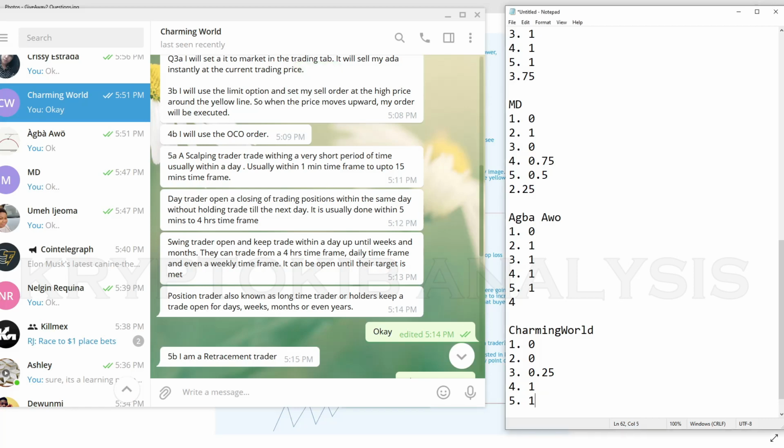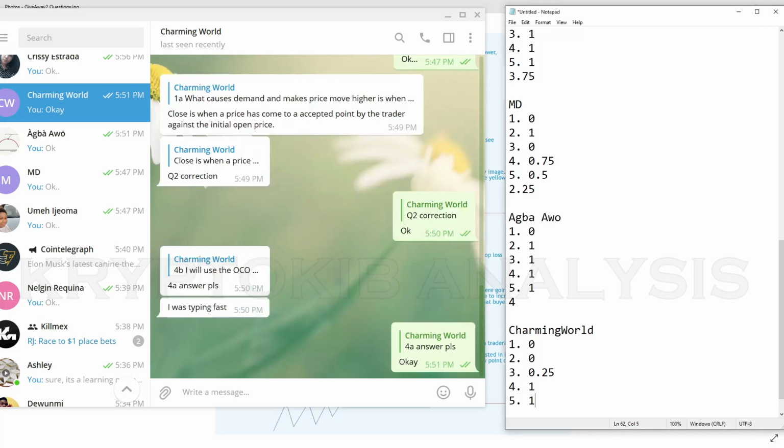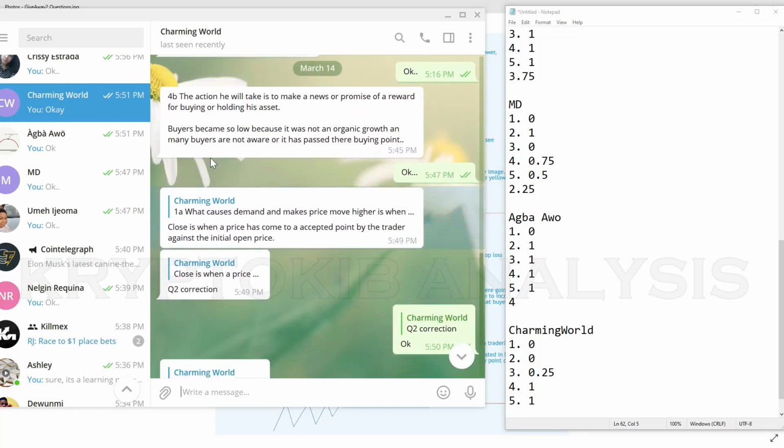Now let me go back to that question 2. Question 2 correction. Close is when price has come to an accepted point by the trader against the initial. Okay, by saying these accepted points, how do you see this?